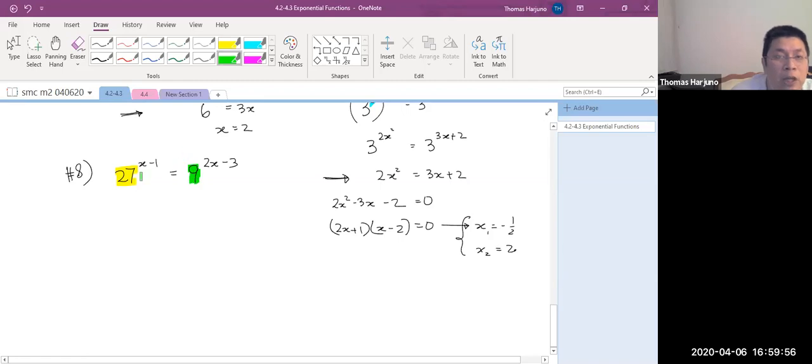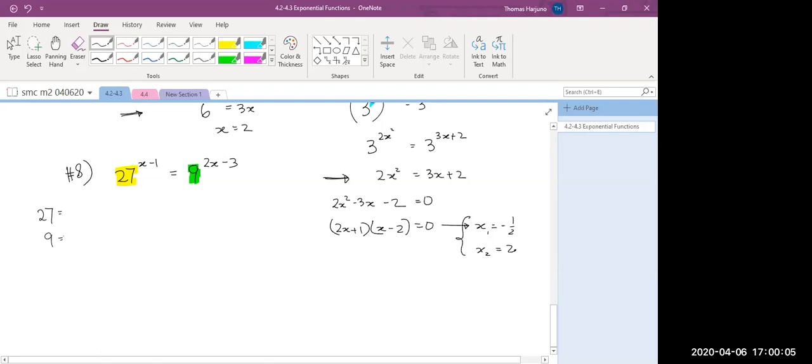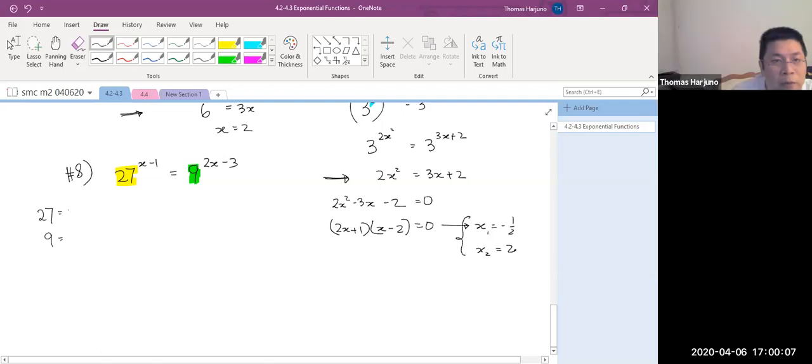Each 27 and 9 are actually base what? 3. Base 3, that's right. So I can rewrite 27 as 3 cubed and 9 as 3 squared.